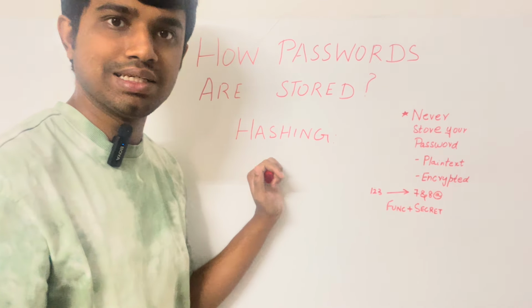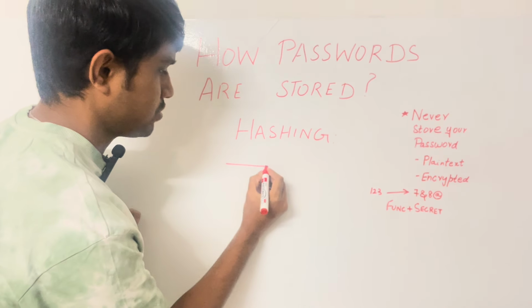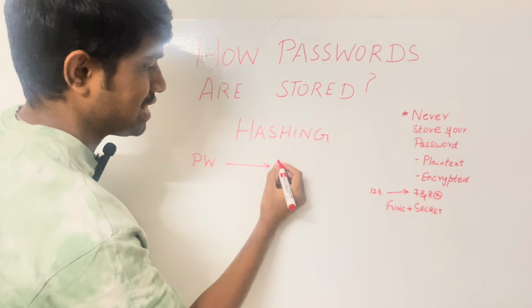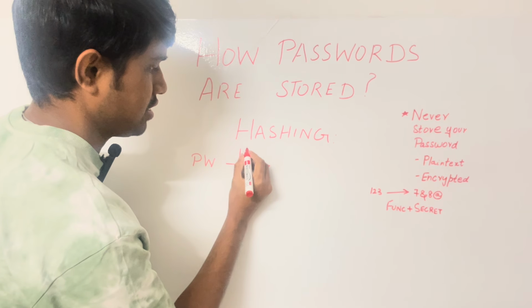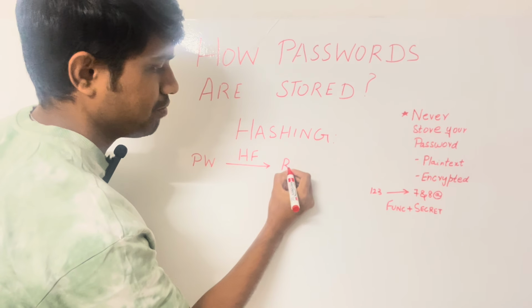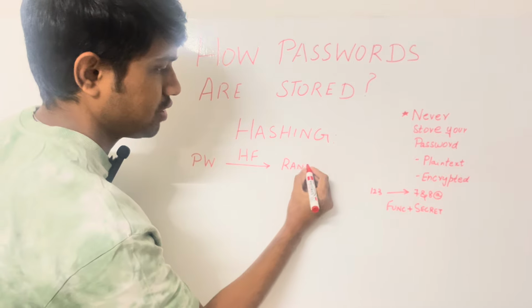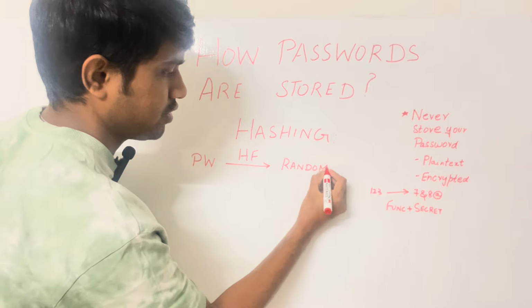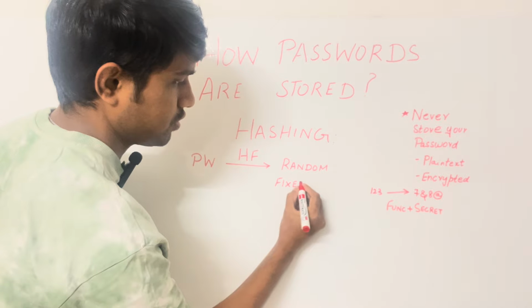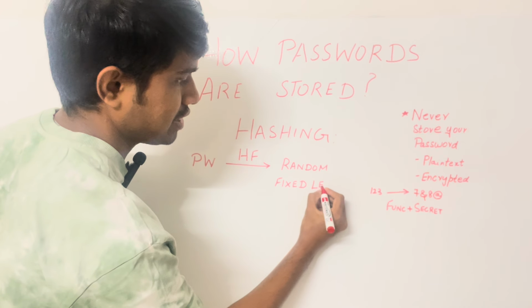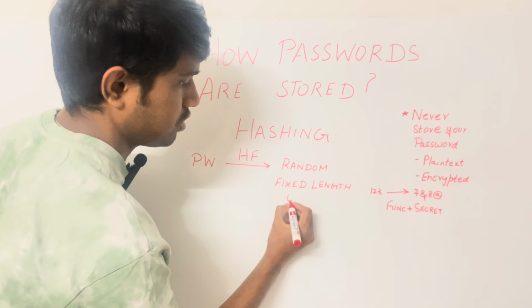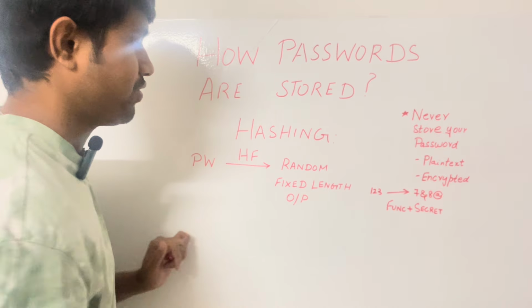What hashing does is, it takes your password, has a hashing function, and gives you a random fixed length output, or a random identifier.